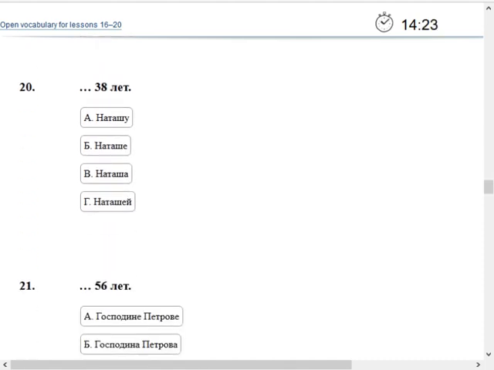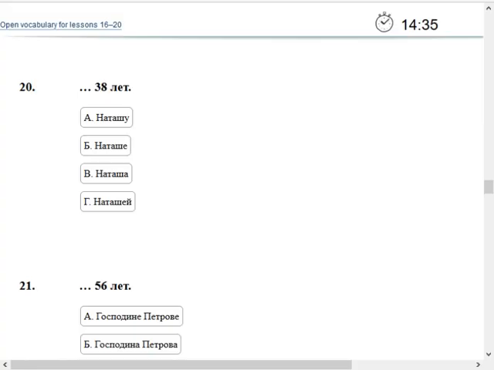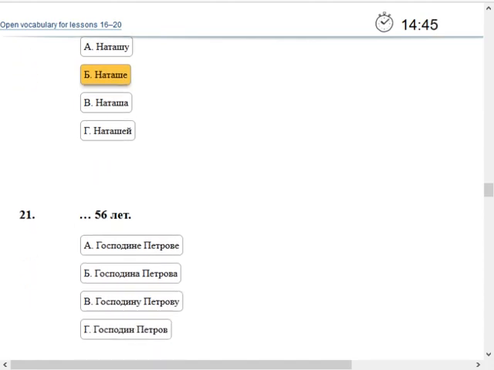And here we have Natasha. Natasha is a woman. Her name ends in a. What happens to words that end in a in the dative case? The a becomes ye. So Natasha becomes Natashe. Natashe 38 лет. To Natasha is 38 years.